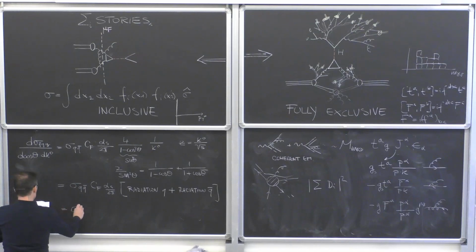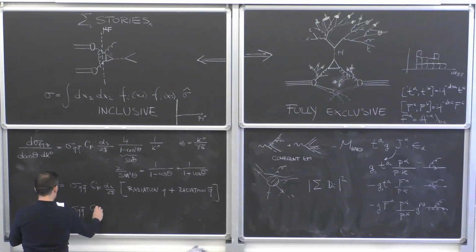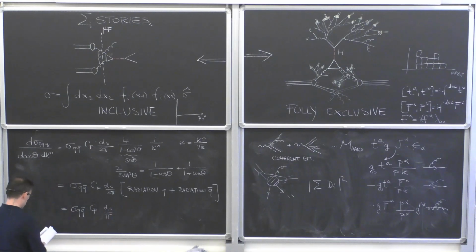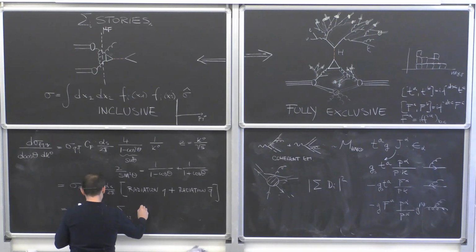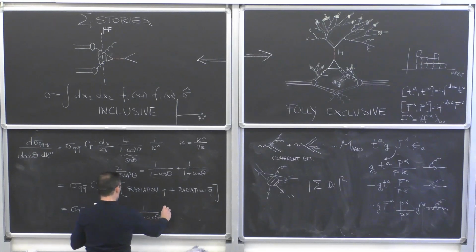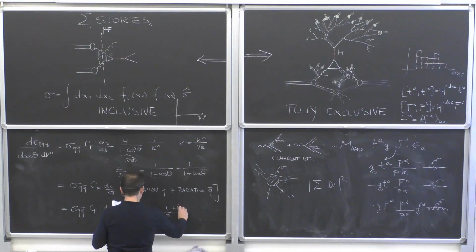So I rewrite my cross-section in this way, as a sum of two pieces, 1 and 2, where I have 1 over 1 minus cos theta, 1 over Z, and then allow me to reinstate a correction.